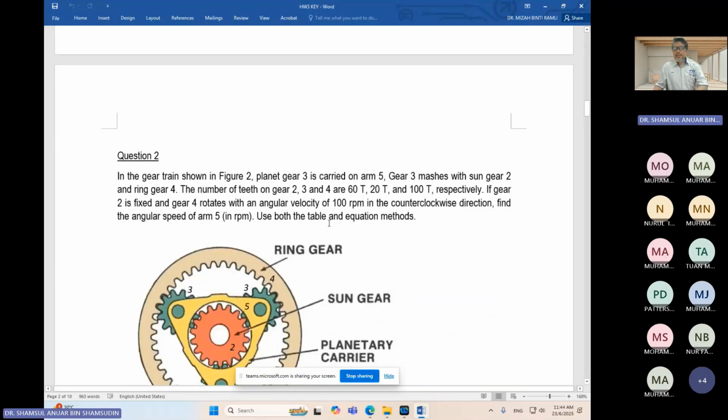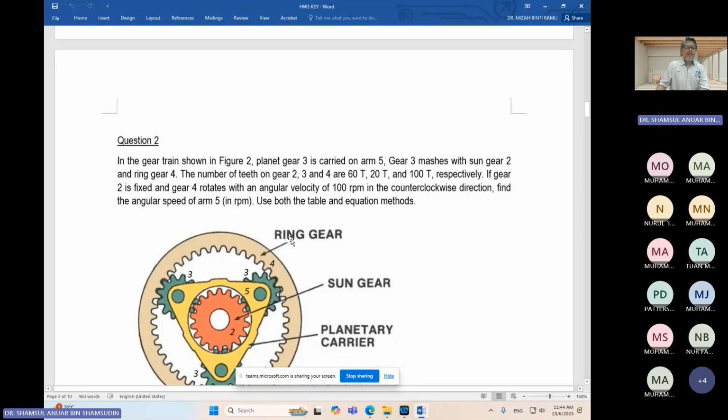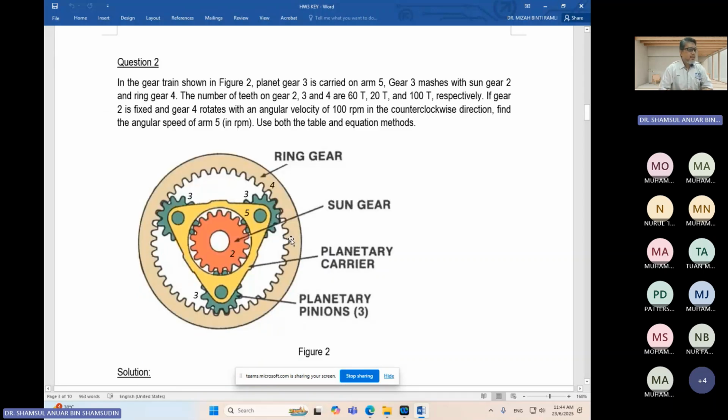Okay, the next question is going to be this one, and this one is a compulsory question. Whether you like it or not, you have to be able to do it. Otherwise, you lose a lot of marks. This one will be a planetary gear. I know you guys love planetary gear because they look cute, very nice.